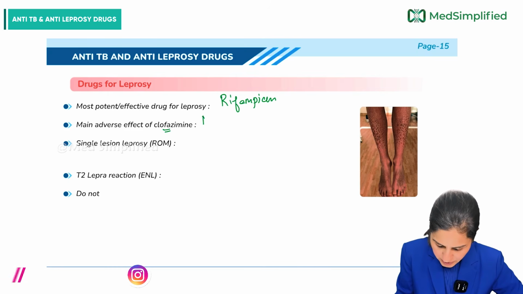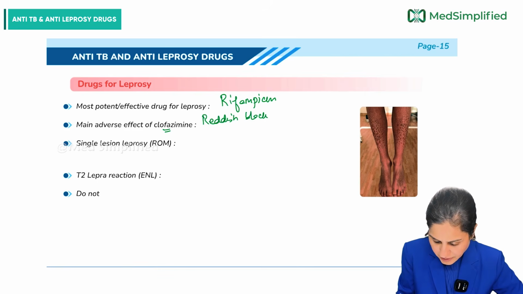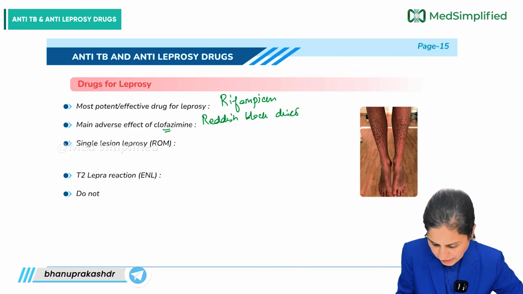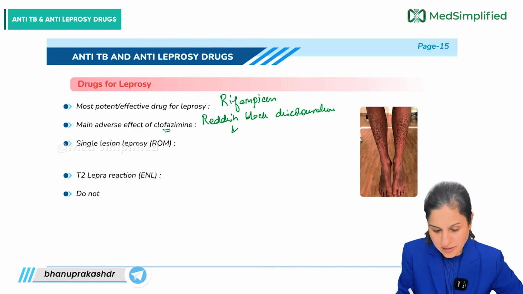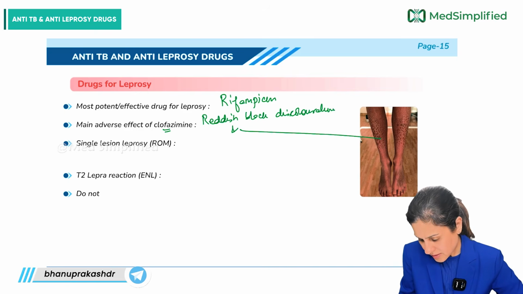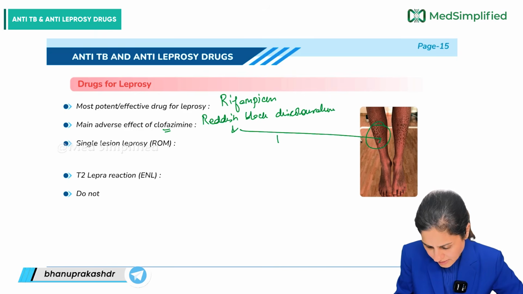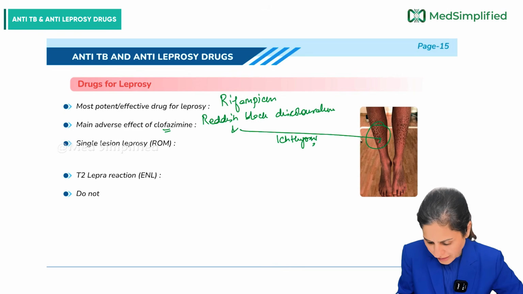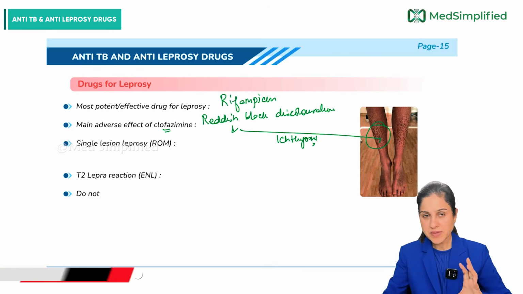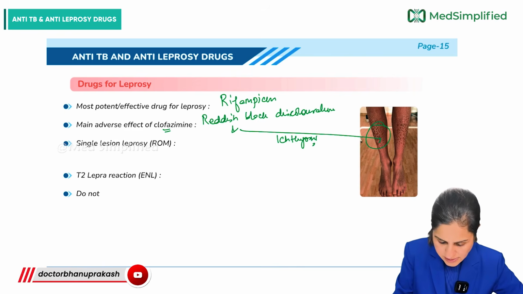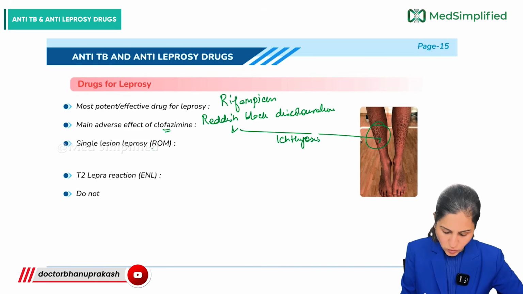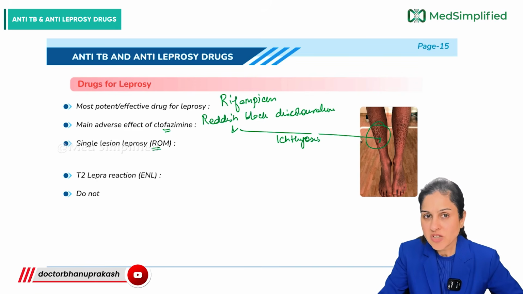It is reddish-black discoloration of the skin, and this is called ichthyosis. It looks like fish-like skin, right? Ichthyosis.